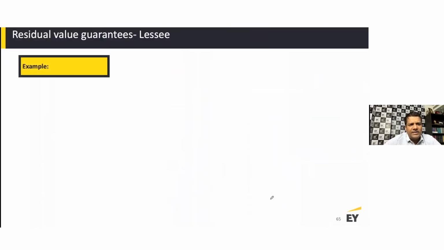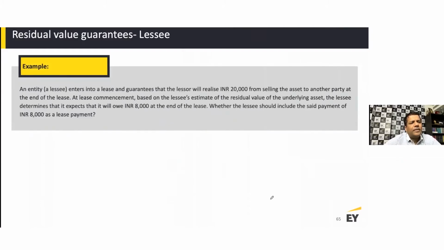So let's try and understand this with the help of an example. An entity enters into a lease and guarantees that the lessor will realize INR 20,000 from selling the asset to another party at the end of the lease. So how much am I going to realize? 20,000, right?